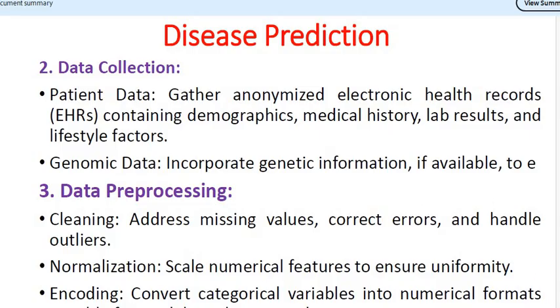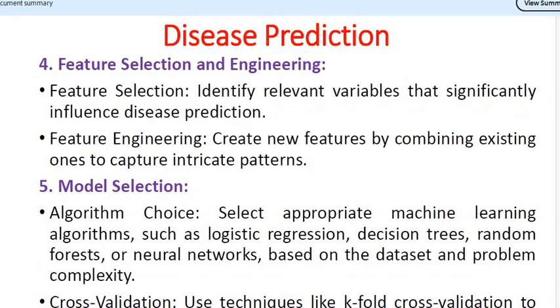The fourth is feature selection and engineering, identifying the relevant variables that influence the disease prediction. And feature engineering is creating new features by combining the existing ones to capture the pattern, right? So feature selection and feature engineering are based on the attributes and the data sets.